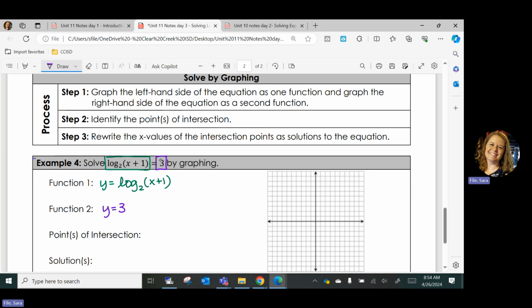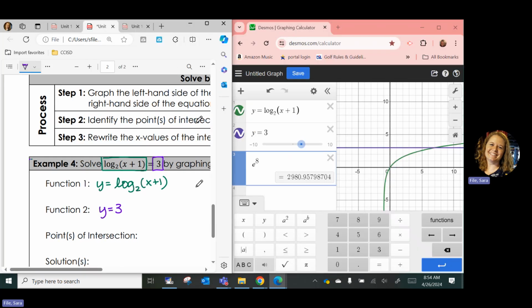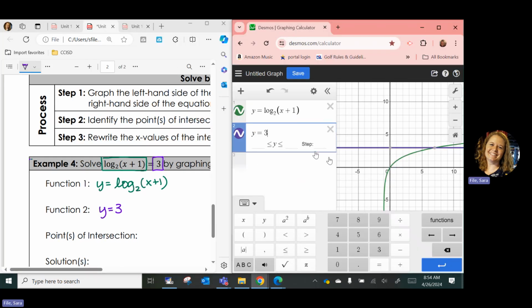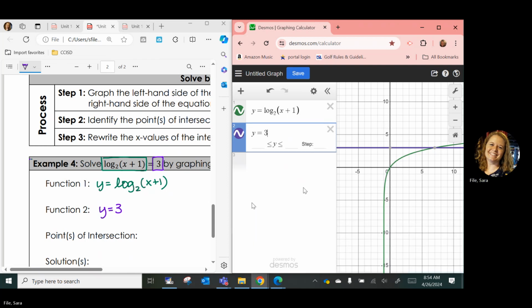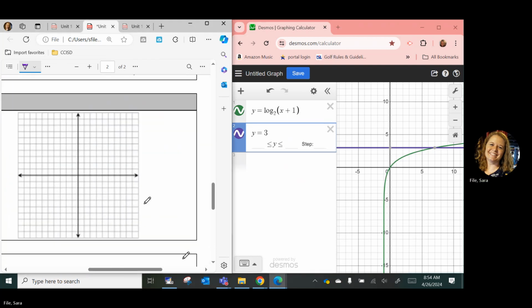It works even if there's a variable over there as well or a log over there. It'll still work. Okay, so I'm going to graph both of those functions on this grid. Now I'm going to use Desmos. I've actually got typed in already over here. Okay, so here's the graph. That's what I'm going to graph over here on mine in the notes.